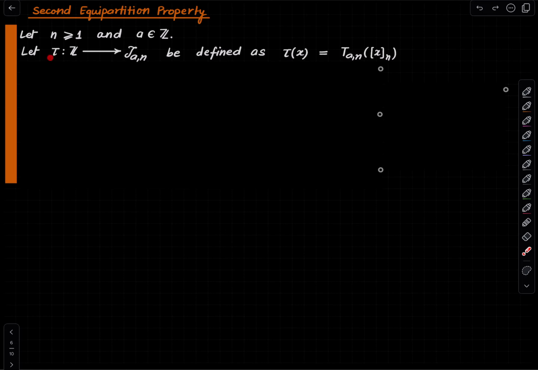So define a map tau from the set of all the integers to something. What is that something? Let's first write that down. So let script T_a be the set of all the trajectories that you get when you advance by a modulo n.